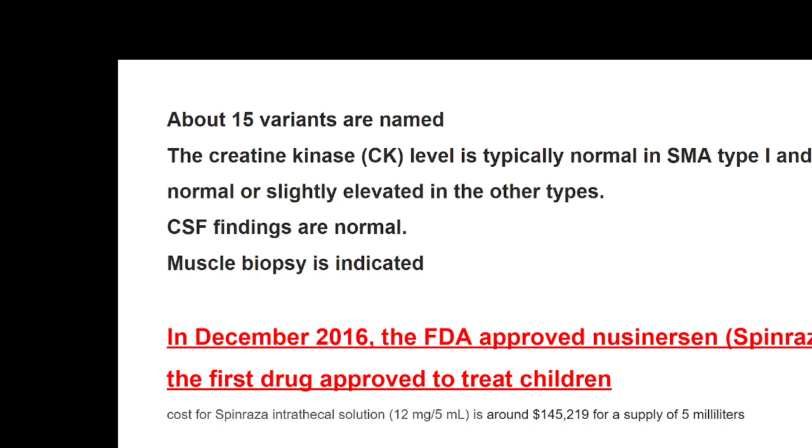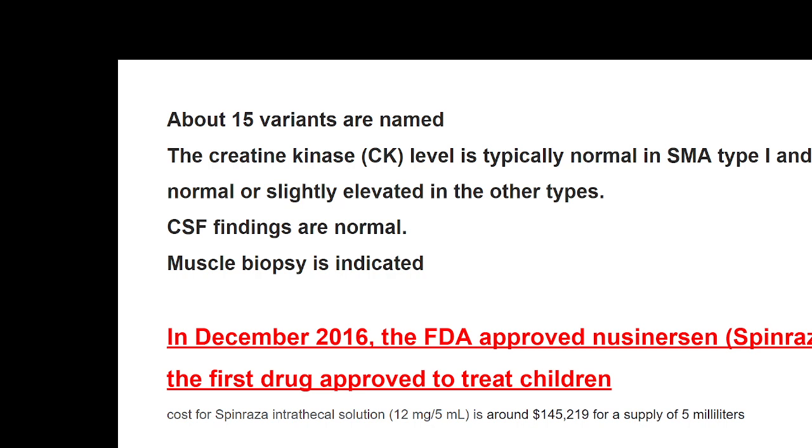Now, as far as the curative treatment is concerned, in 2016, just around 7 years back, a new drug was introduced, and that's nusinersen, or Spinraza. It is one of the drugs claimed to have advantages, and it's the first drug approved to treat children.